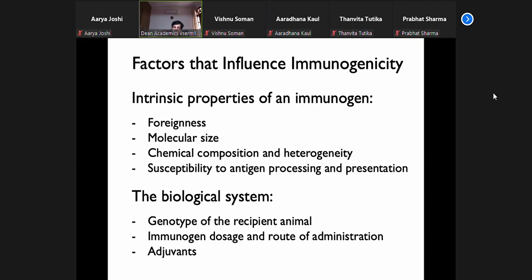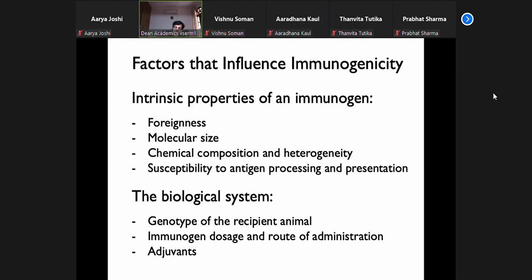And usually you do not start generating a response against whatever you eat. Otherwise, your survival would be very difficult. There are mechanisms in place so that an immune response is not generated against food items.